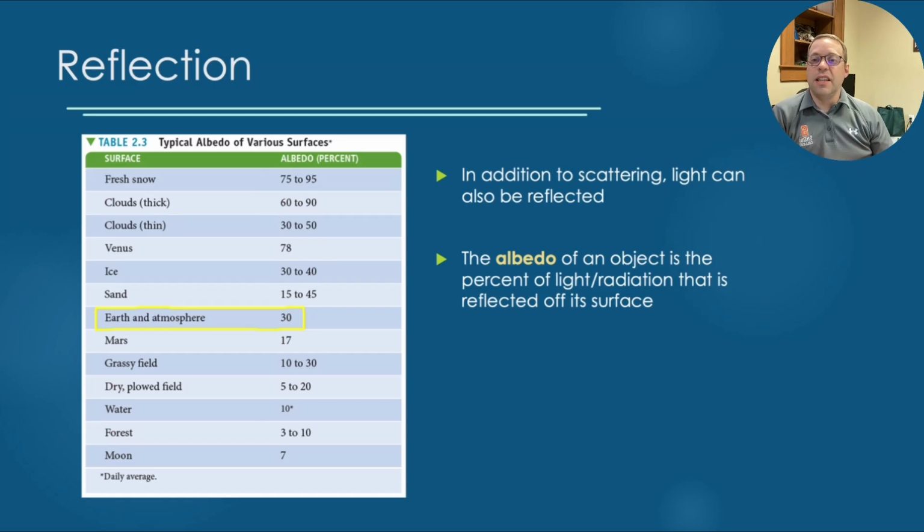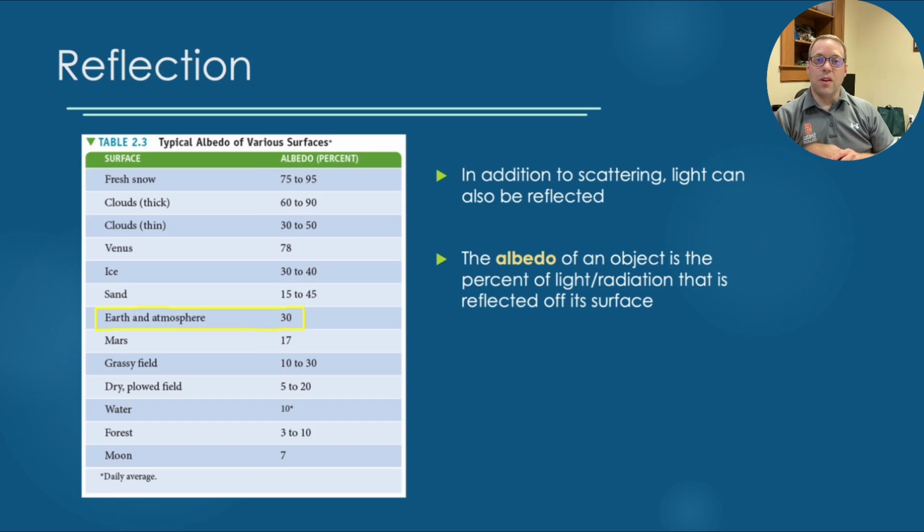Right? And you can see different albedos. For example, ice has an albedo of 30 to 40. It's a little more reflective. Fresh snow has an albedo of 75 to 95, meaning 75 to 95% of the sunlight that hits it is reflected away.